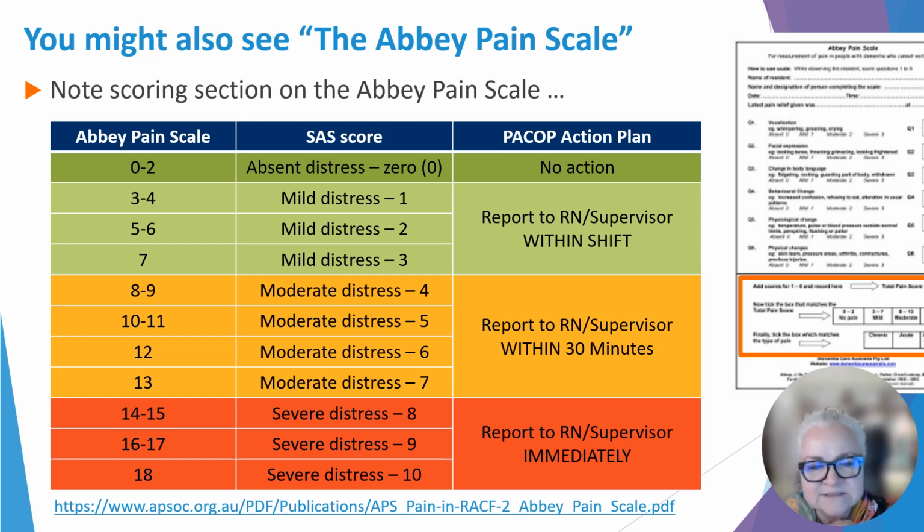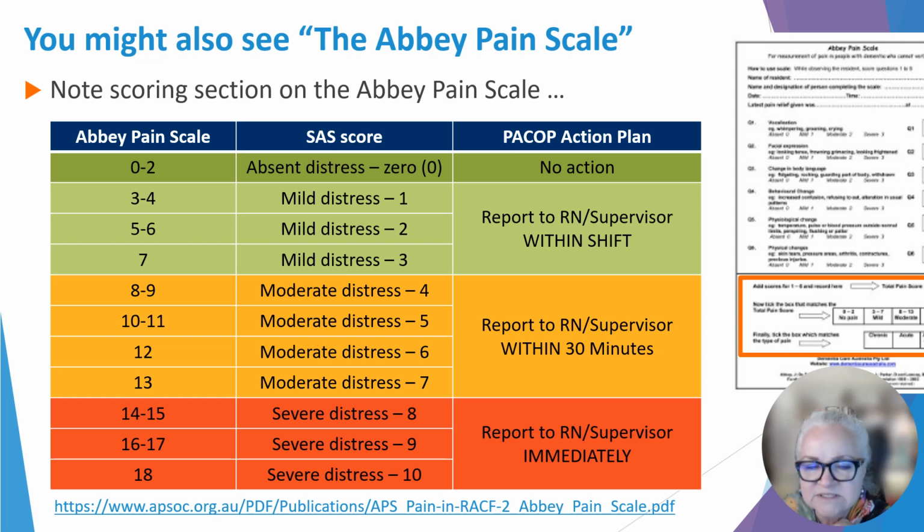In the next level there, in the orange section, if your ABI pain scale total score was 12, this would line up approximately with a score of 6 in the symptom assessment scale, which would indicate moderate distress. And if a resident is experiencing moderate distress from pain, then we'd be looking at escalating this to the RN or supervisor within 30 minutes.